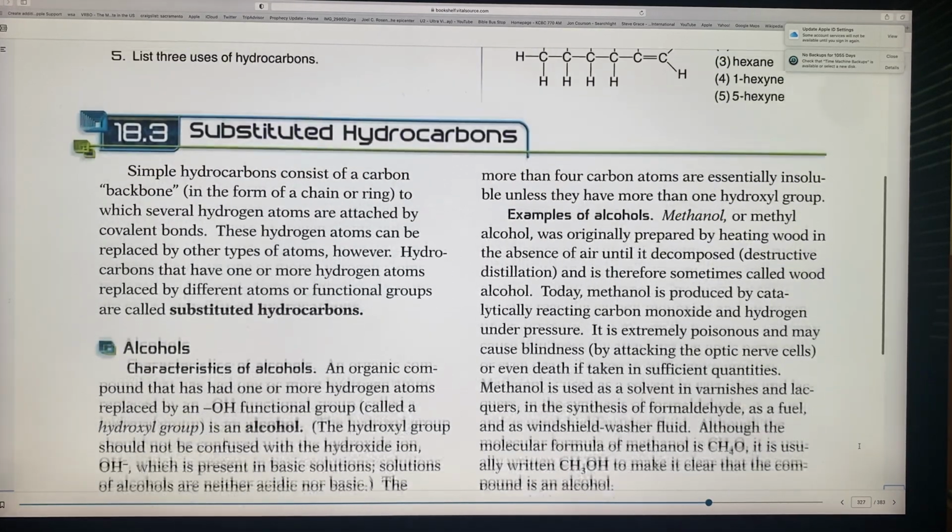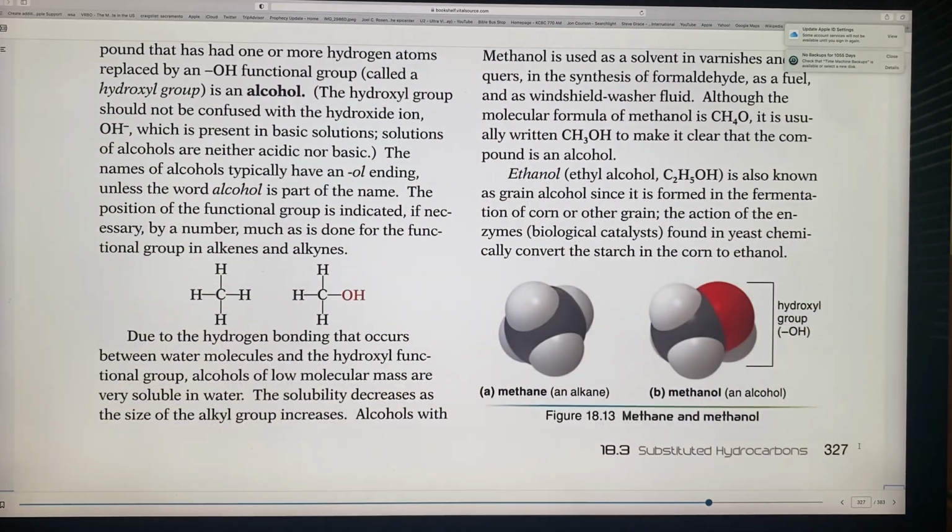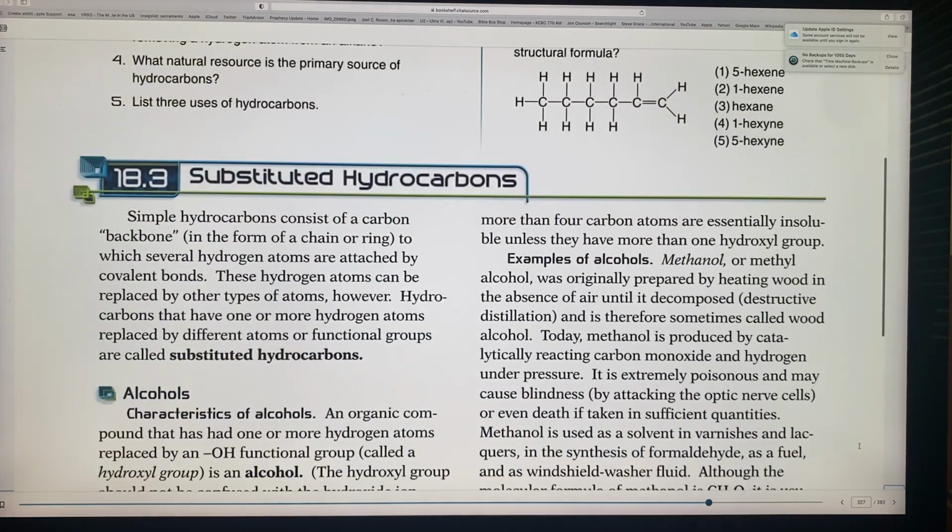Let's see. We're going to go into the types and examples, but due to the hydrogen bonding that occurs between water molecules and the hydroxyl functional group, alcohols of low molecular mass are very soluble in water. That means alcohol will dissolve in water. While other hydrocarbons with just carbons won't, alcohol does dissolve in water.